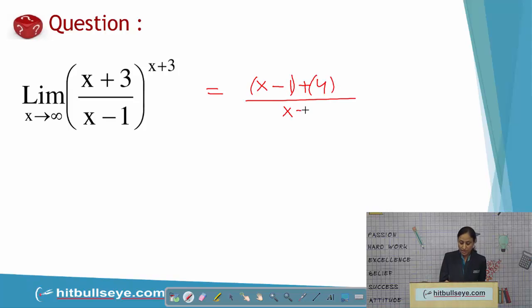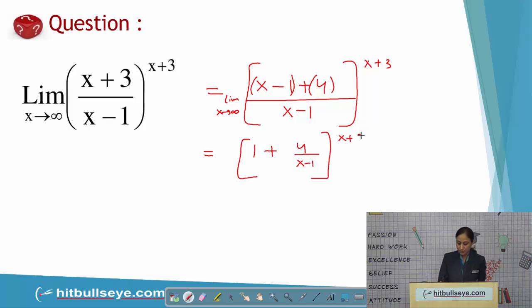The denominator has x minus 1 and the entire power is x plus 3. Limit x approaches infinity. Now I can split this question as (1 plus 4 upon x minus 1) raised to power x plus 3. Now in the next step we will split this power also, and we'll write this power as x minus 1 separate and 4 separate.